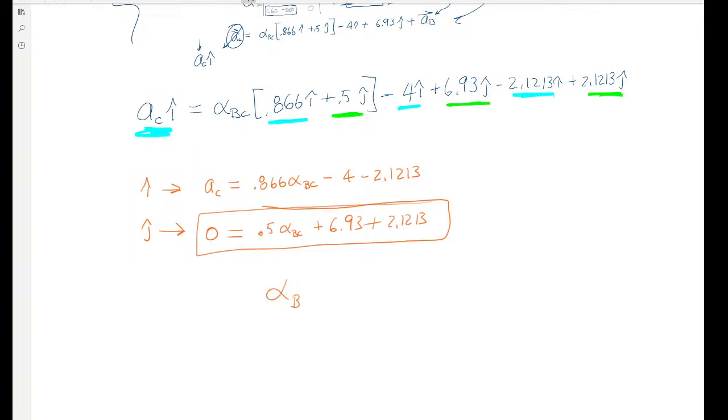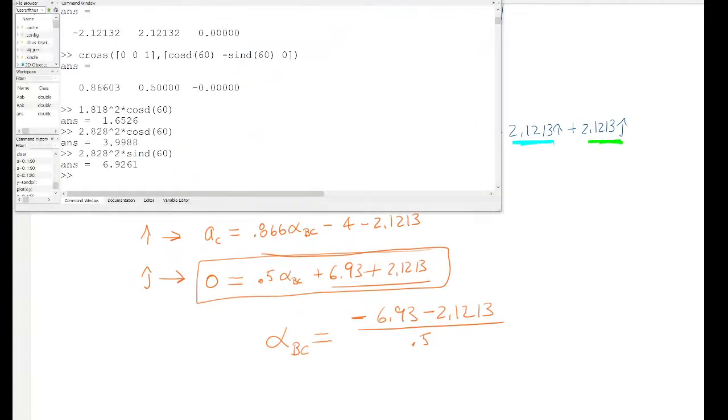The J equation does the same thing. So I can determine alpha BC as being, with a minus sign, 6.93, because I had to move these to the other side, minus 2.1213 over 0.5. Let's see.